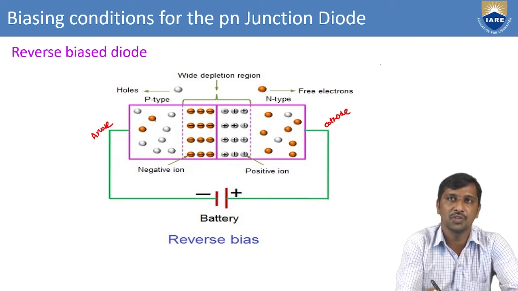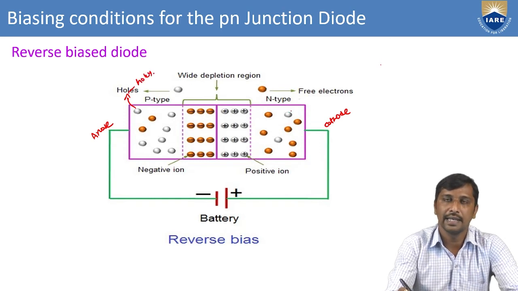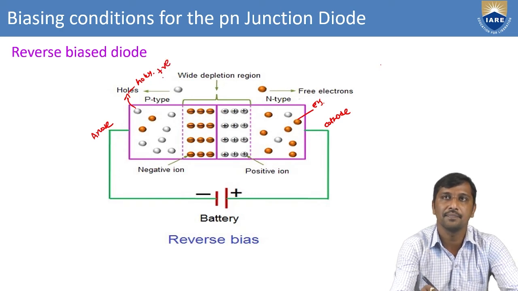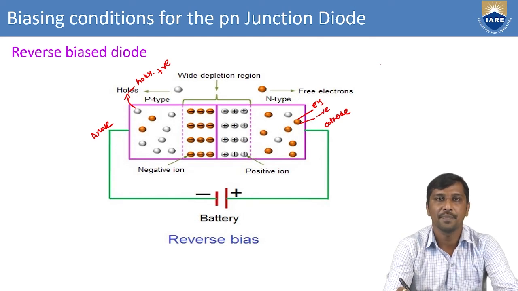If you observe the P type, what are the majority charge carriers? The majority charge carriers are holes. In the N side, the majority charge carriers are your electrons. The holes are your positive charge carriers, and electrons are your negative charge carriers.